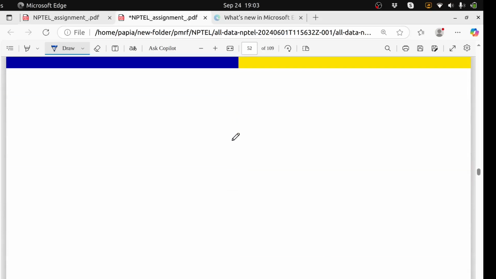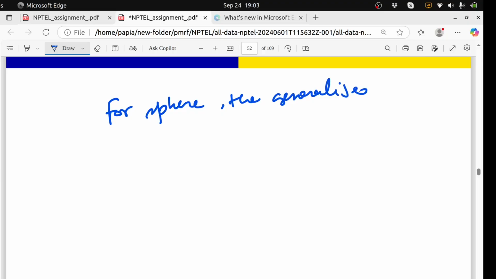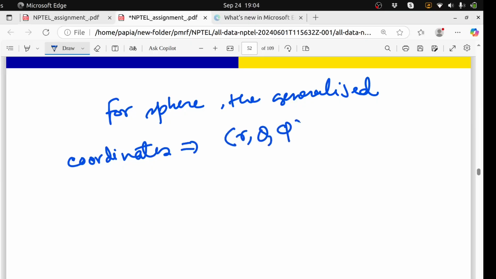So for a sphere, the generalized coordinates basically are theta, phi, but what is the constraint here?